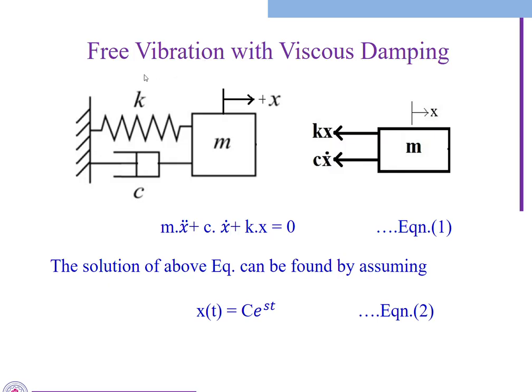In the previous lecture we have seen free vibration with viscous damping and we have gone through the derivation for this particular single degree of freedom system, which is connected with the spring stiffness parameter and the damping constant, the damping parameter.